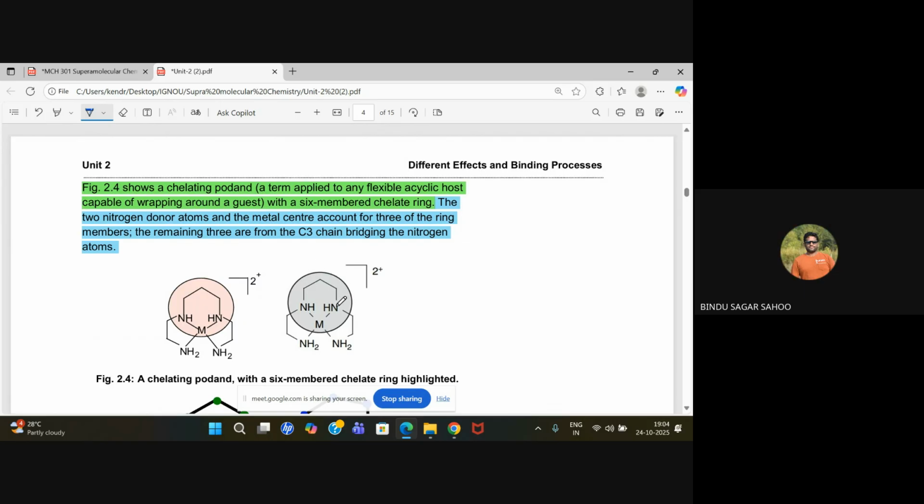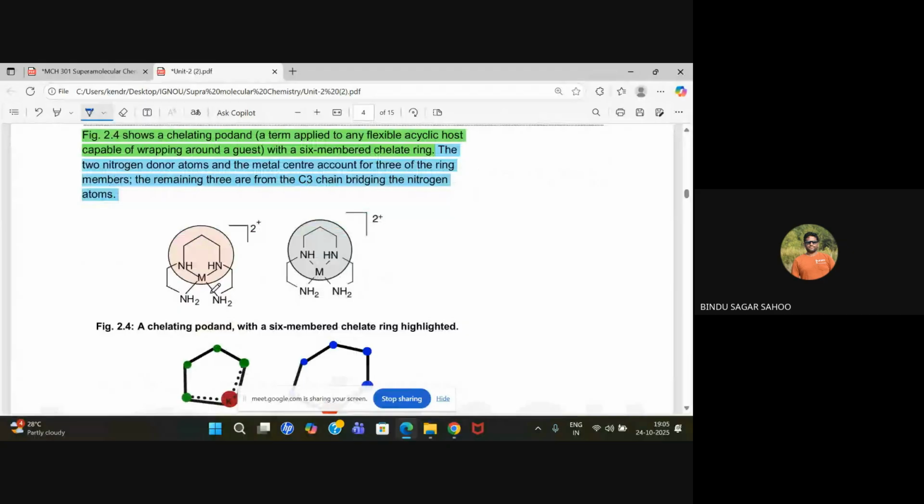So you can see here these two NH groups are forming 6-member rings, but on the side you can see these are forming 5-member rings. So these types of chelate complexes get more stability because they contain both 6-member rings and 5-member rings. Here also you can see the number of members in the rings, 1, 2, 3, 4, 5, but here this is 1, 2, 3, 4, 5, 6.